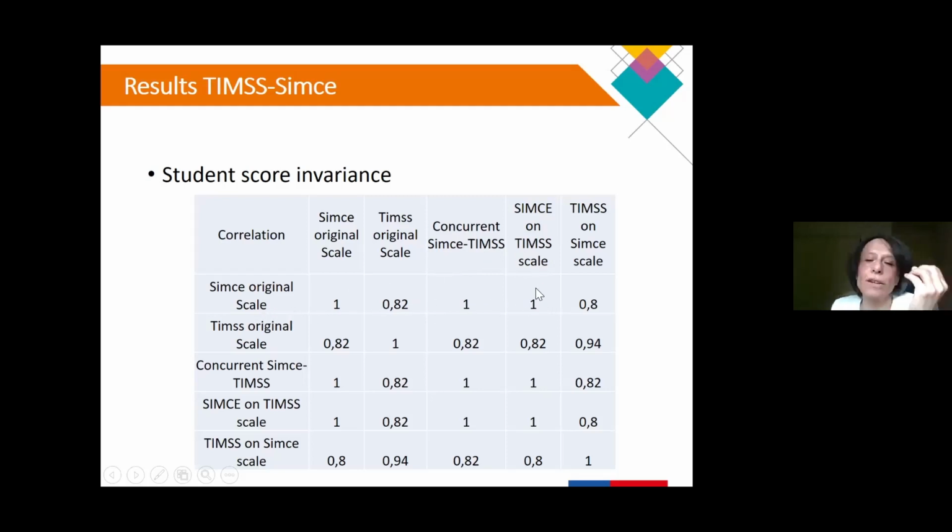That means that both tests give us the same information in terms of order of the students. Well, and if we put TIMSS on the SIMCE scale, we got a pretty high correlation too. That means these were very comforting research results, in terms of the conclusions we got from TIMSS and from SIMCE were pretty much the same.